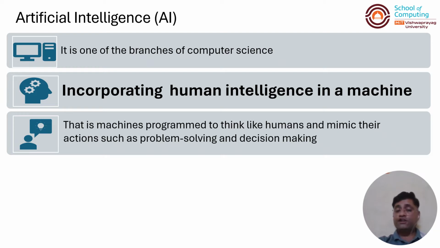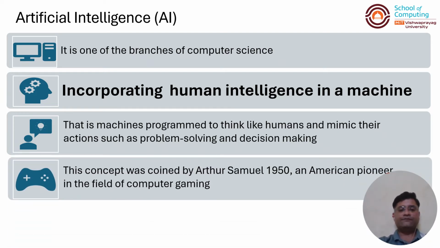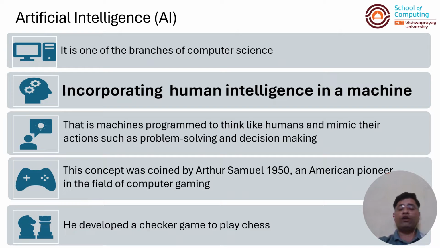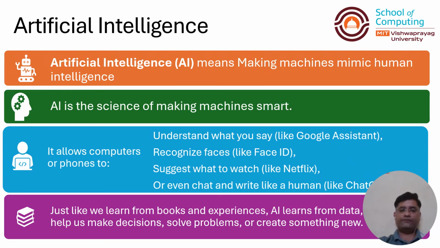That is, a machine should be programmed to think like human beings and mimic their actions such as problem solving and decision making. This concept was coined by Arthur Samuel in 1915, who was an American pioneer in the field of computer gaming. He developed one game called Checkers that was the first AI enabled game.